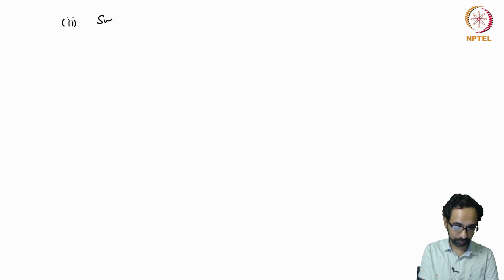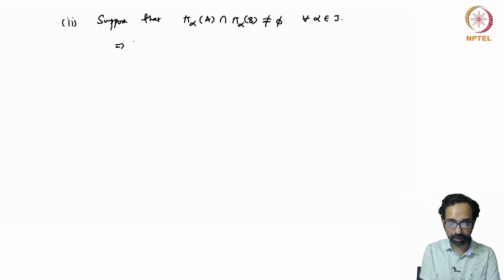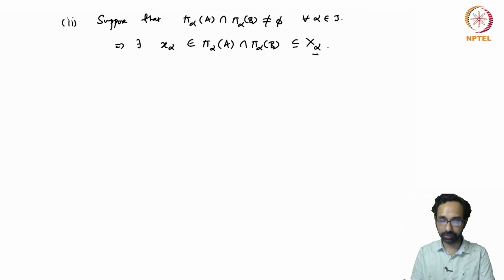So suppose that pi alpha A intersection pi alpha B is non-empty for all alpha in J. So this implies that there exists x alpha belonging to this intersection of pi alpha A and pi alpha B. Now this x alpha is a point in the capital X alpha, which was our topological space from the arbitrary collection of topological spaces.